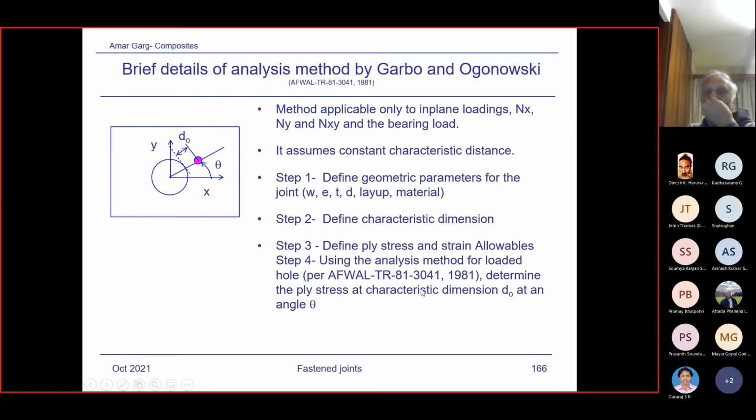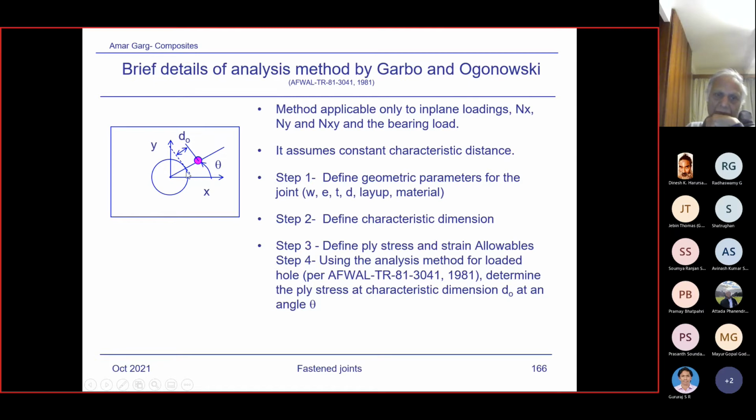They're not easy to put down. I have not put them, but the method I'm explaining is based on these equations, and again, you have to put the equations in software. There's software available, BGFM, which uses those equations and churns out the results. It's not simple.